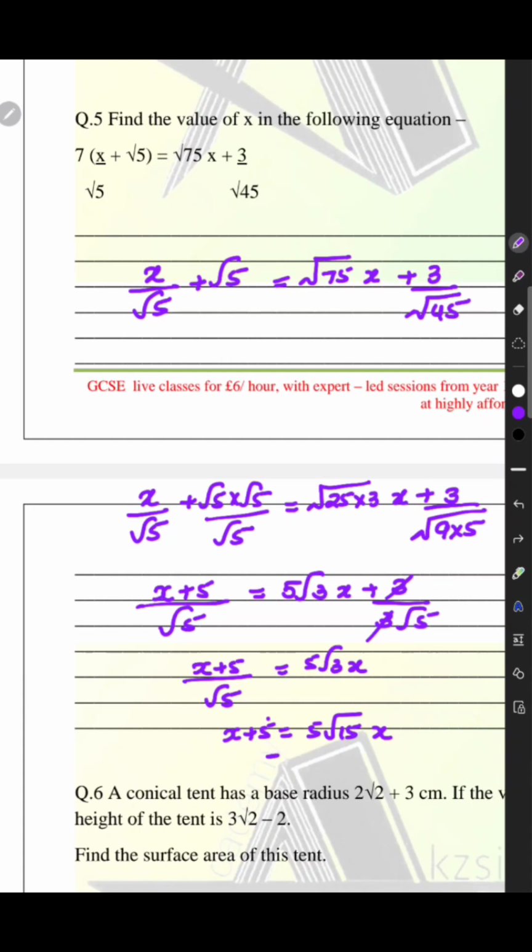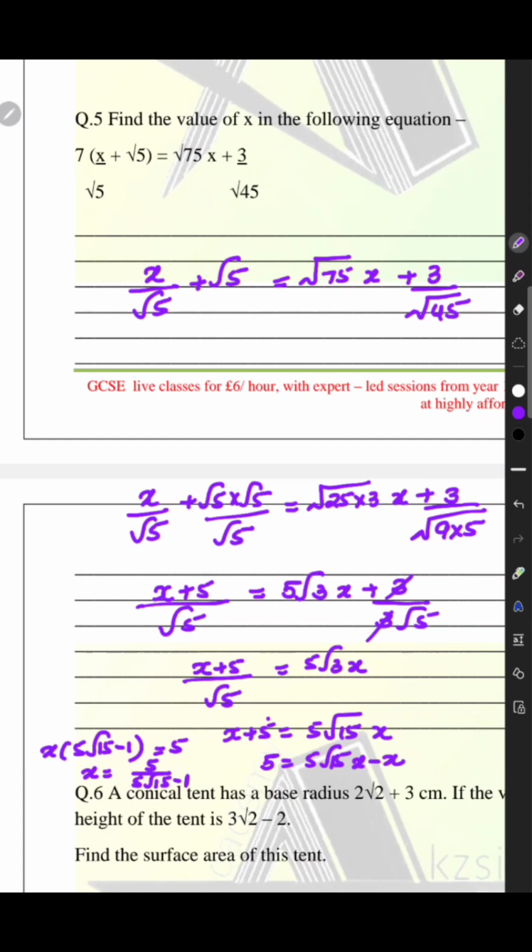So 5 is equal to 5 root 15 x minus x, taking out x as common, x times 5 root 15 minus 1 is equal to 5. Divide both the sides by 5 root 15 minus 1. So this will be 5 over 5 root 15 minus 1.